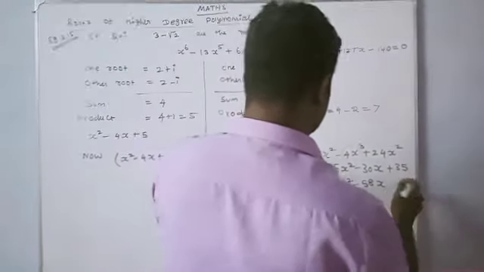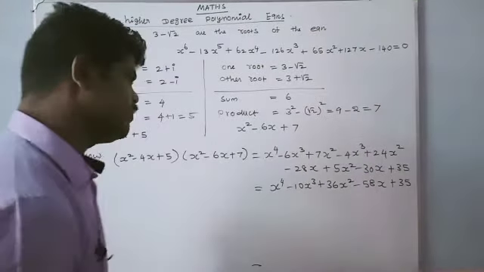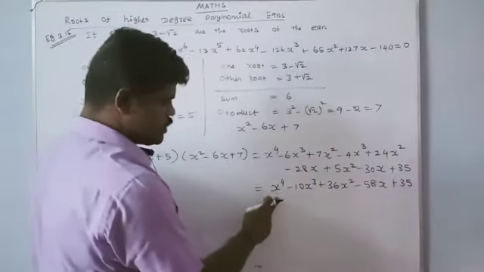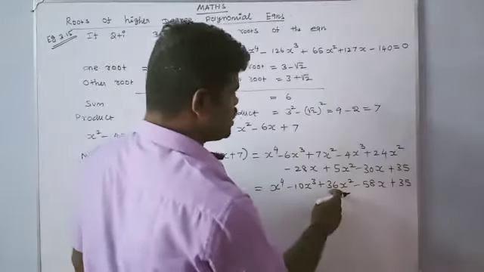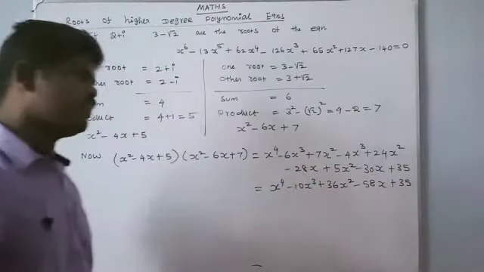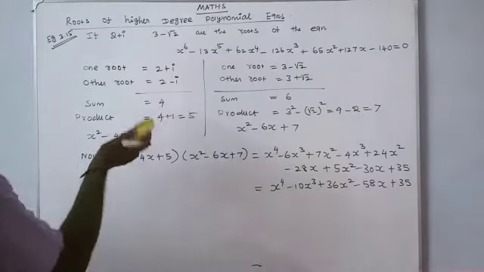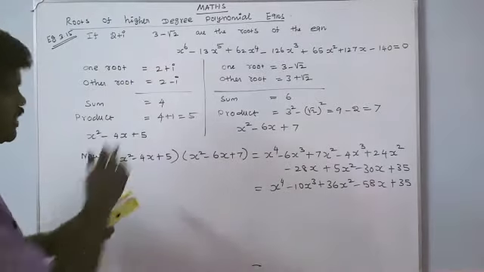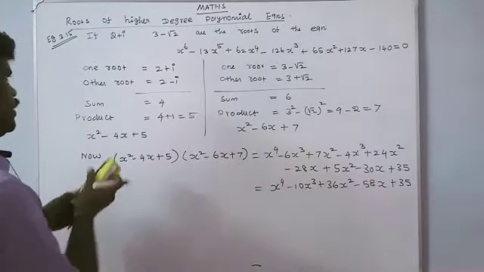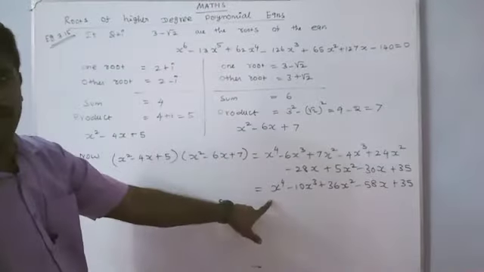The constant term is only plus 35. So the factor is x power 4 minus 10x cube plus 36x squared minus 58x plus 35. Now we want to divide the given polynomial by this factor.